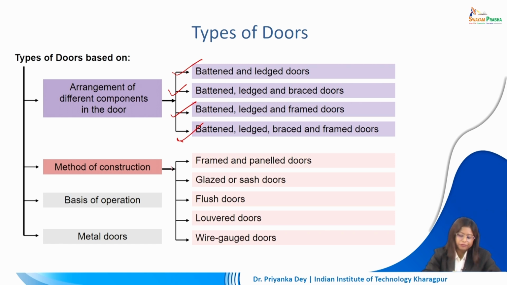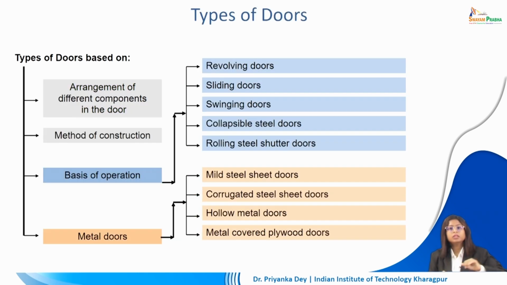So, we can have framed and panel doors, glazed or sash doors, flush doors, louvered doors and wire gauged doors. On the basis of operation, that is how the door actually operates, we can have revolving doors, sliding doors, swinging doors, collapsible steel doors and rolling steel shutter doors.